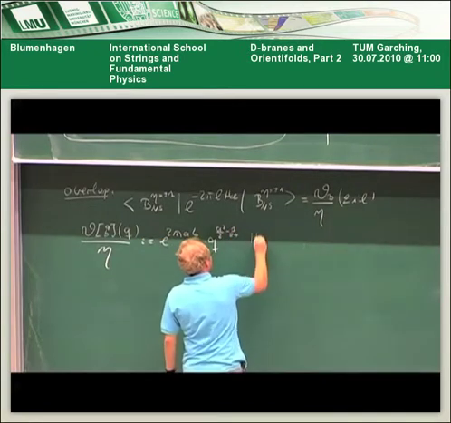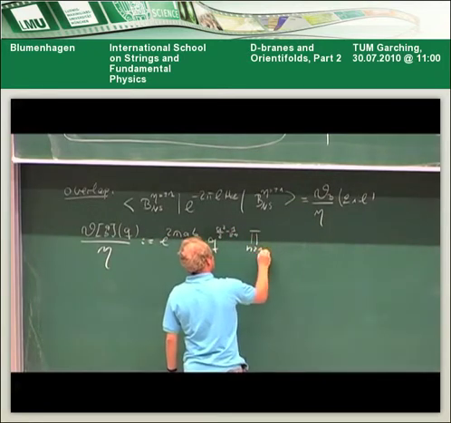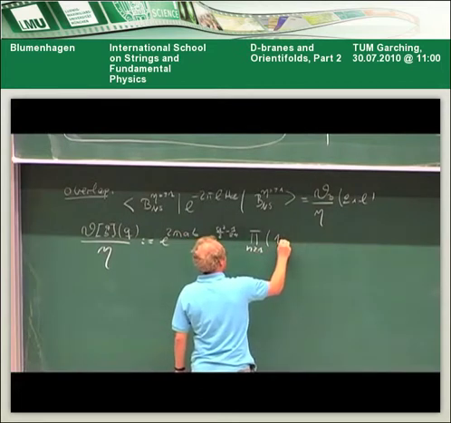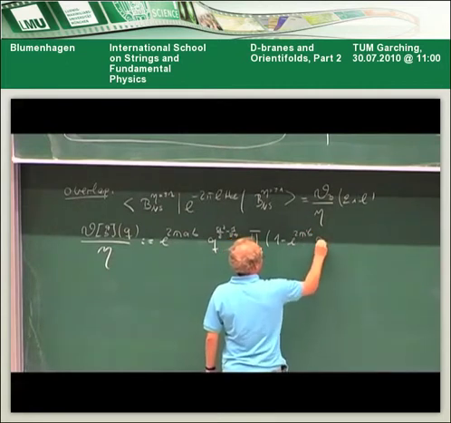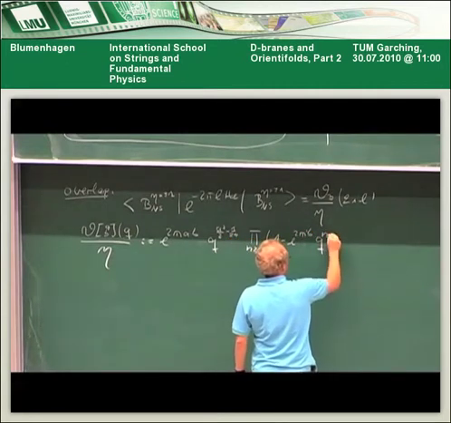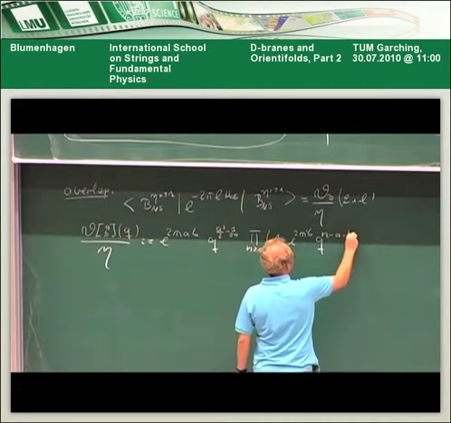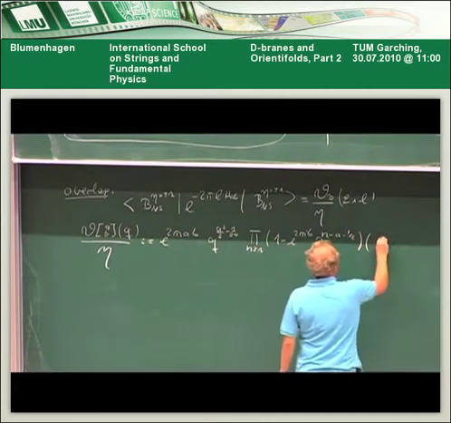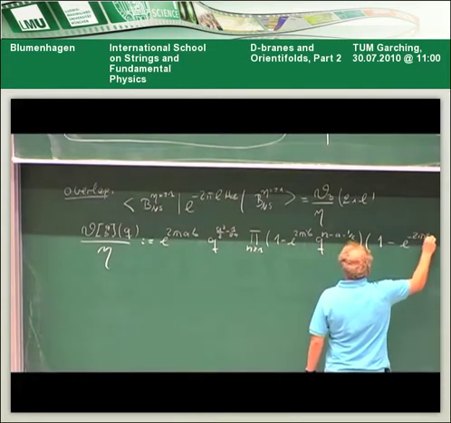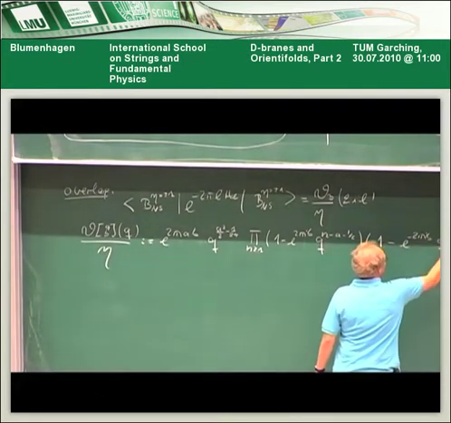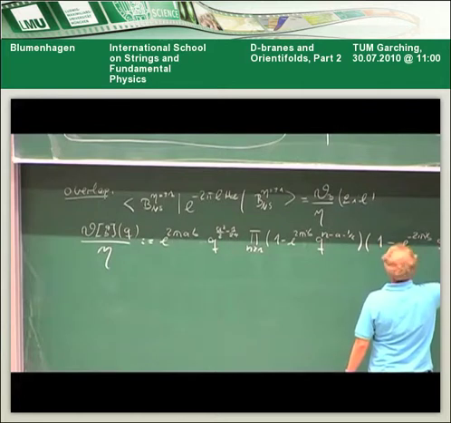And then there's a product, n larger or equal to 1, of 1 minus e to the 2 pi i b, q to the n minus a minus 1 half, times 1 minus e to the 2 pi i b, q to the n plus a plus 1 half.